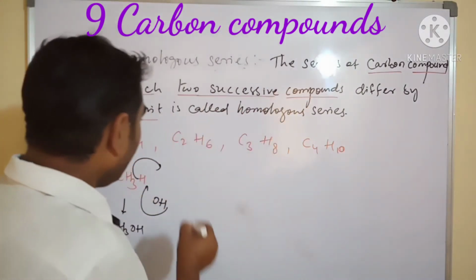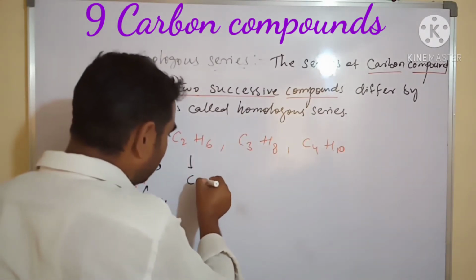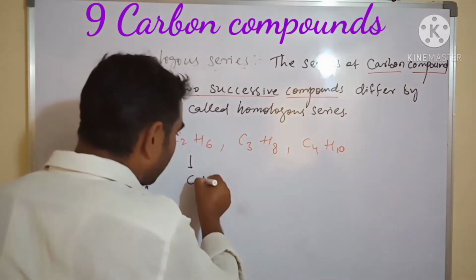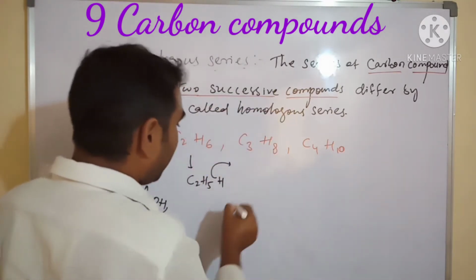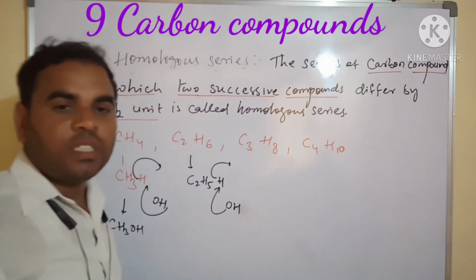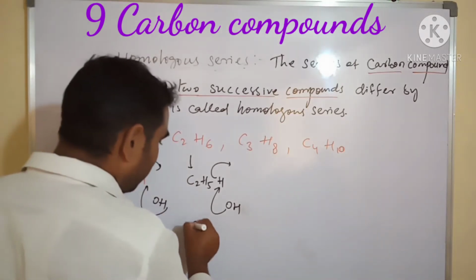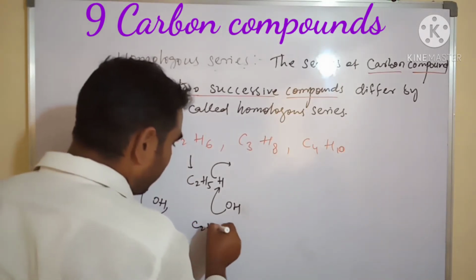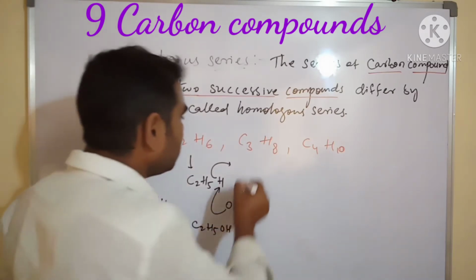Here also we have C2H5 and H. It just replaces the hydrogen and adds the OH group, and we call this C2H5OH.